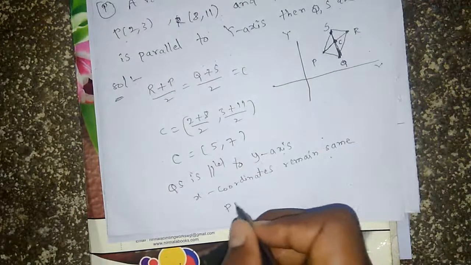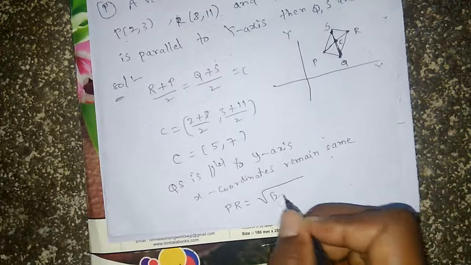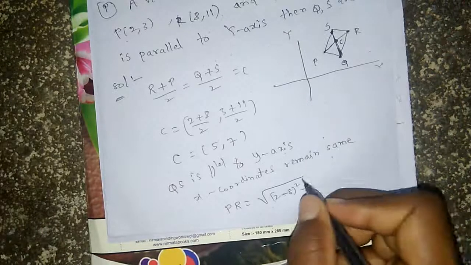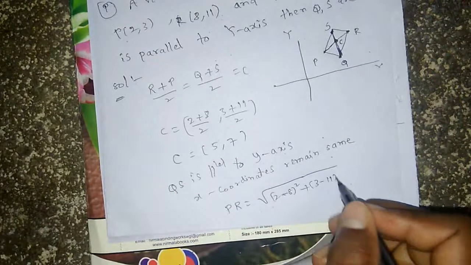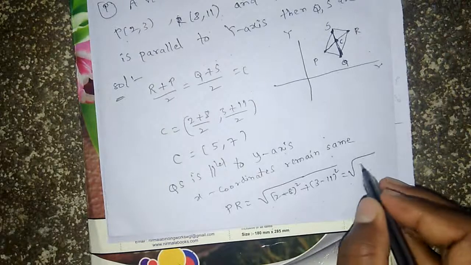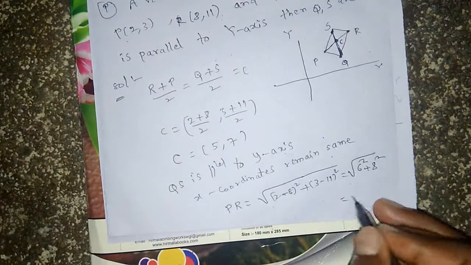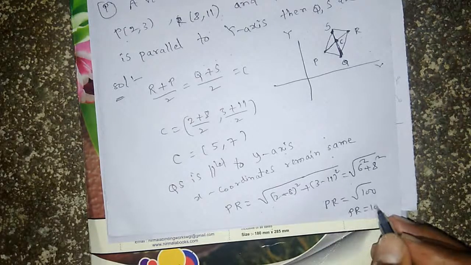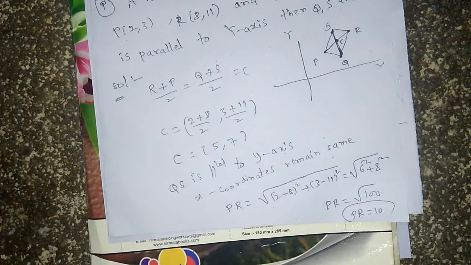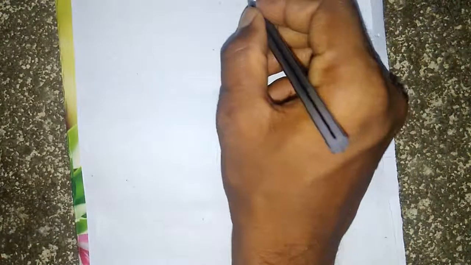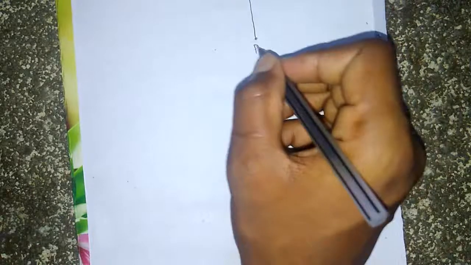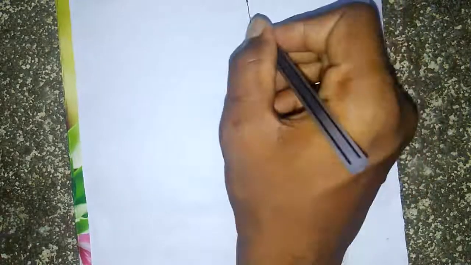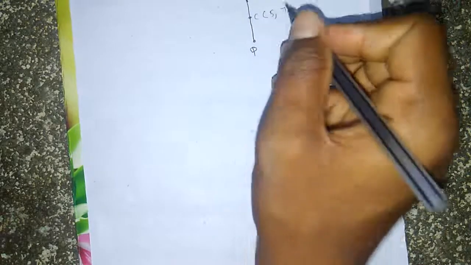Here PR distance is root of (2 minus 8) square plus (3 minus 11) square, that is 6 square plus 8 square, that is root 100. Therefore PR is equal to 10. Now C is (5, 7).